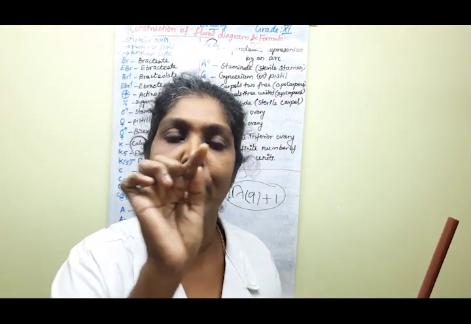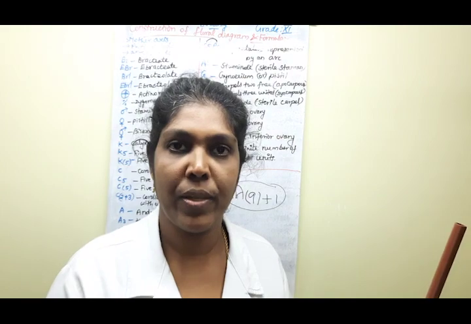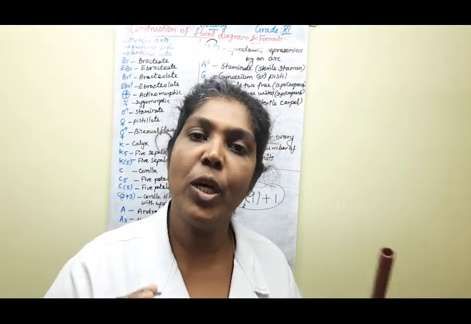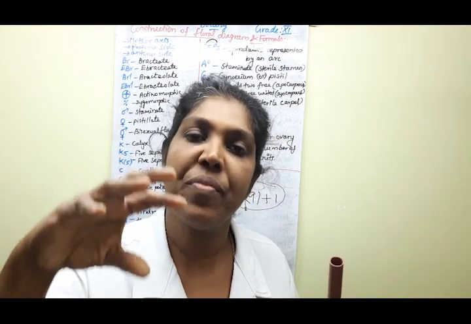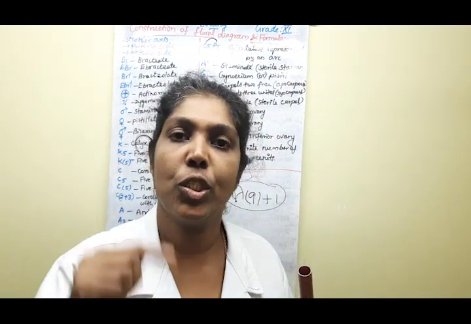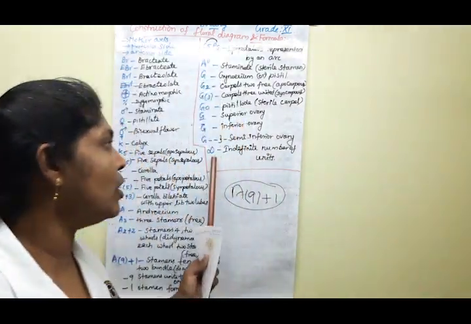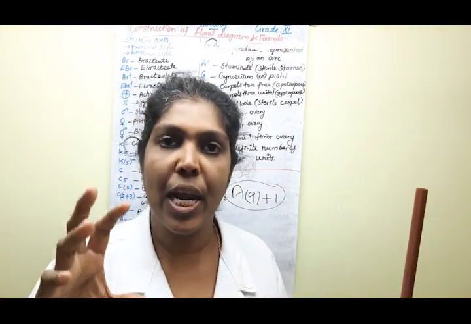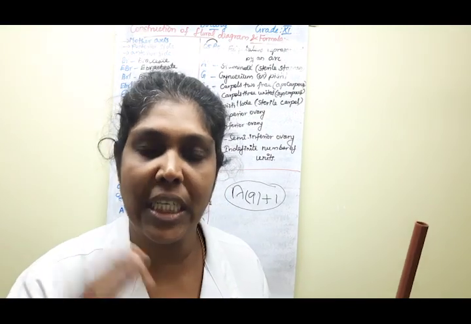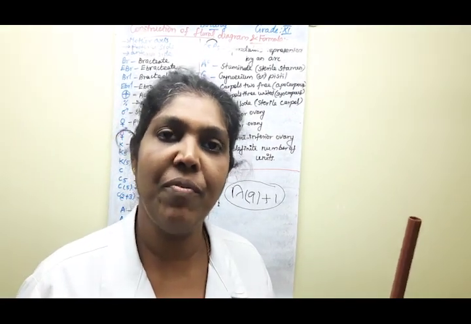Then suppose you identify an uncountable number of carpels in that particular flower, you can write this symbol, which represents an infinite number of units. In this way you can construct the floral formula.